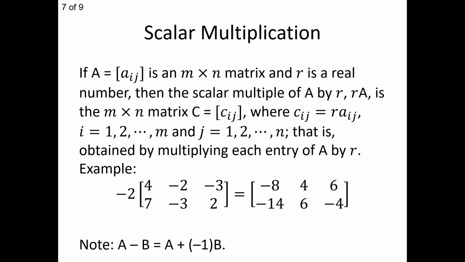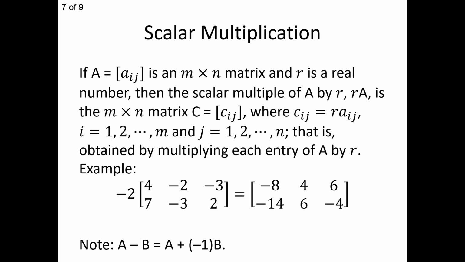Very simple. Okay, scalar multiplication. We can take any matrix and multiply it by some real value, some scalar value. So let's let that scalar value be R. Again, the matrix A could be any size. It doesn't matter what size matrix this is. So we'll call this an m by n matrix. And what we're going to do is take R and multiply it to that matrix. Essentially what that means is we're going to form a new matrix.